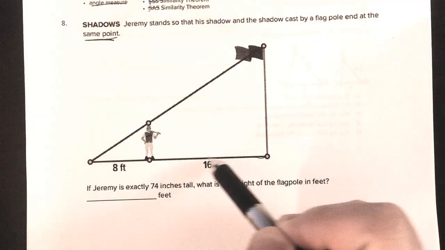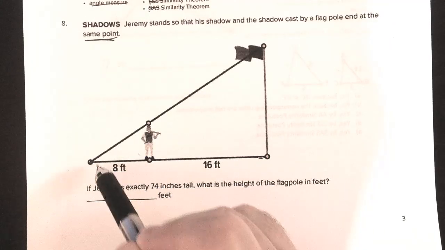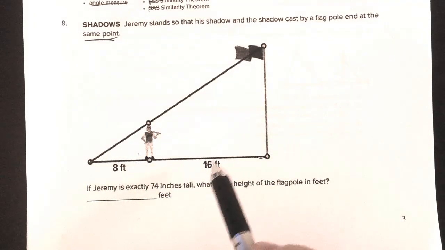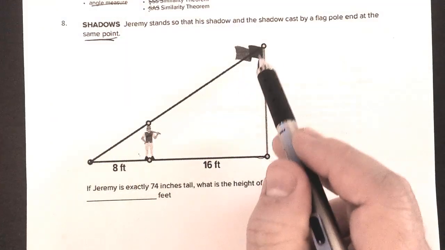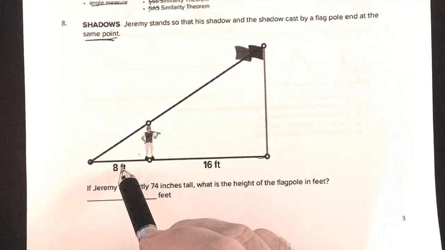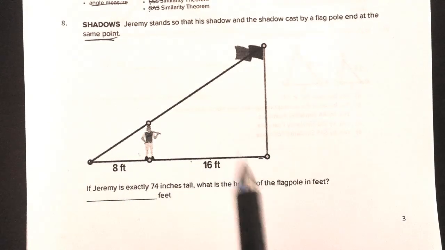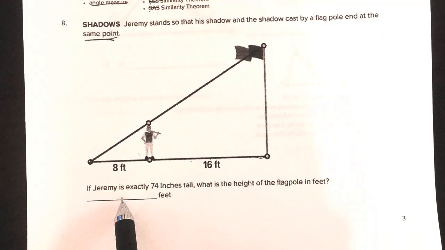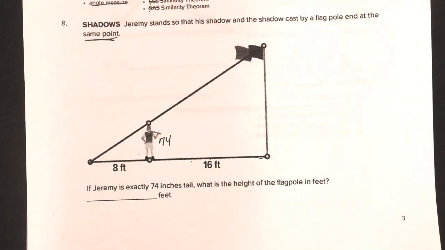Its shadow goes all the way to here. Jeremy's goes from here to here. So when we're setting up our ratio, this is Jeremy, this is his shadow, this is the flagpole. Its shadow goes this plus this. Everybody wants to put it as this, so just watch this. So if Jeremy is exactly 74 inches tall, let's just put a 74 beside Jeremy. What is the height of the flagpole in feet?